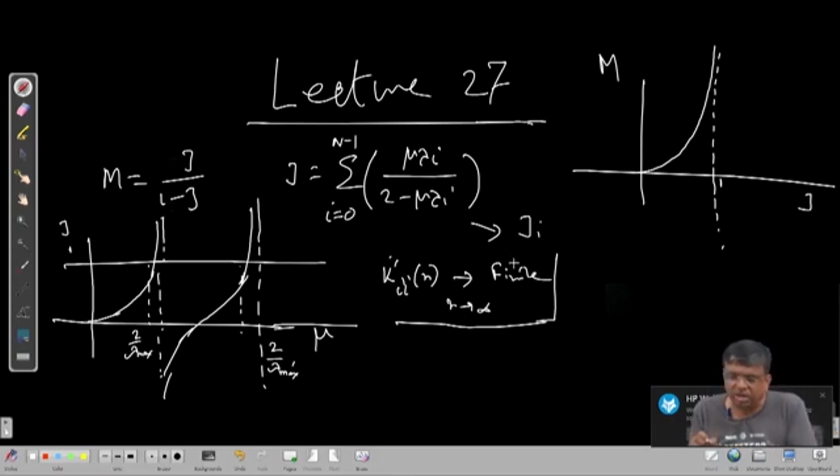Converge means converging to a finite value. But we have seen if it converges, it will converge only to those, okay, this figure with J not equal to 1, so that it is a finite value. Therefore, those mu for which J equal to 1, they will be outside the region of convergence. So, these are the mu's. Let me use some other ink.